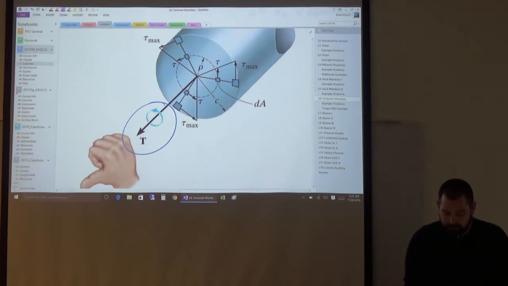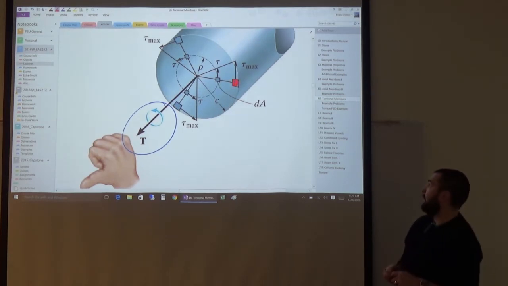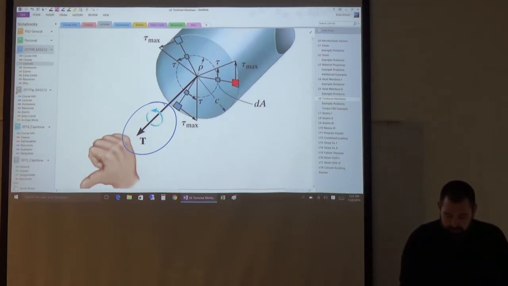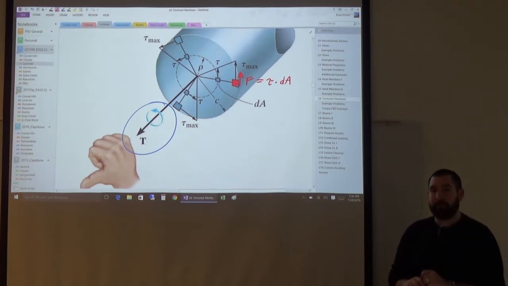Each of these shear stresses is acting on a small differential area. And so we can turn each of these into an individual differential force. So instead of just looking at the shear stress, I could map out the shear force acting at each individual differential area, and that force is simply going to be equal to the shear stress at that point times that differential area.